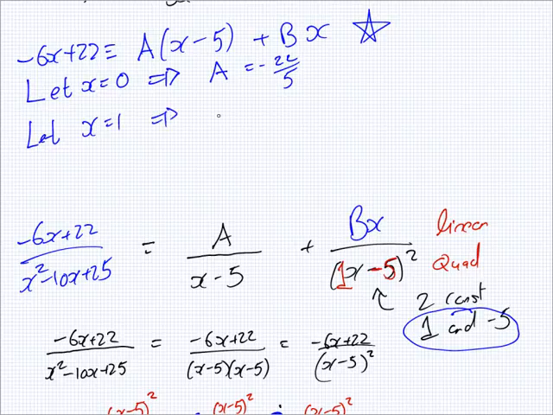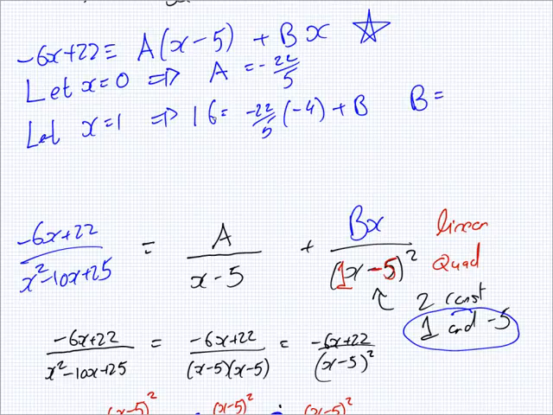So then we'll get 16 equals a, which is minus 22 over 5, times minus 4, plus b. So then b will equal whatever that is.